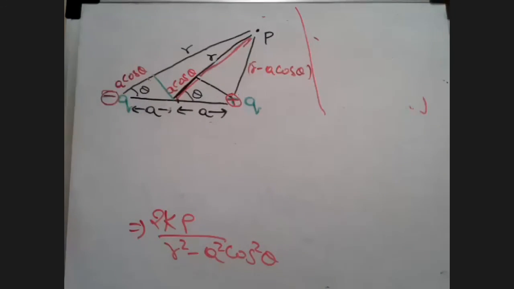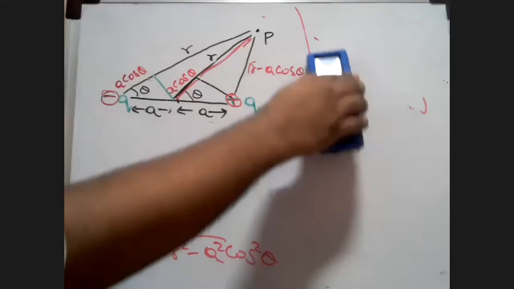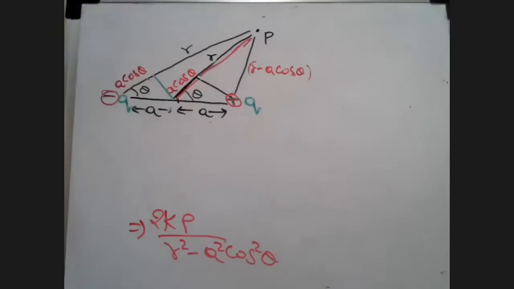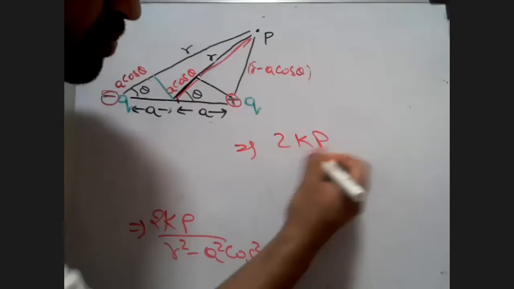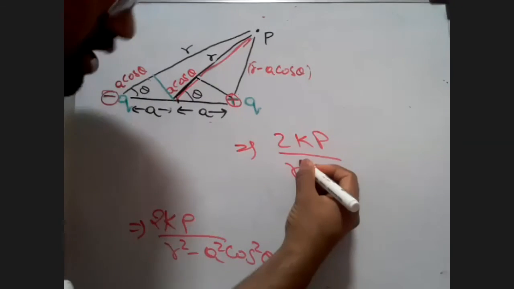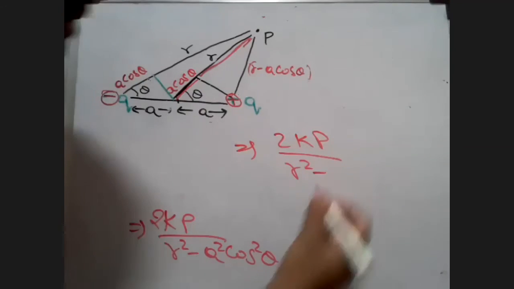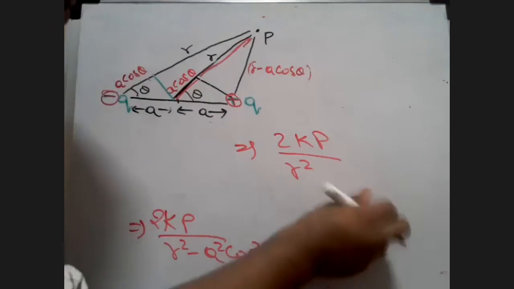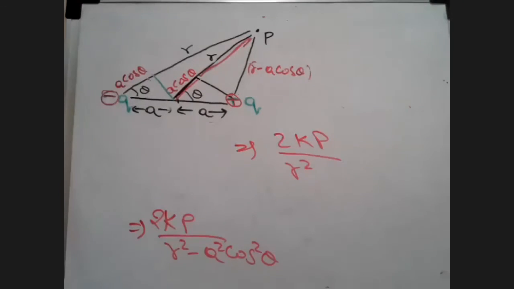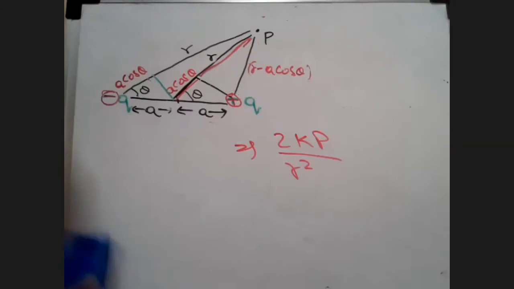What will remain is basically R. So it will be 2 Kp upon R square.